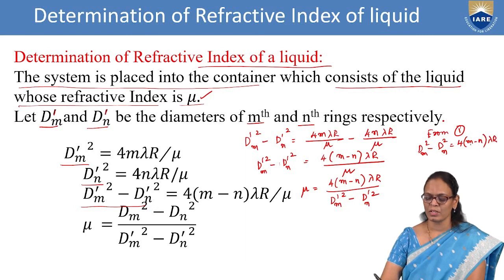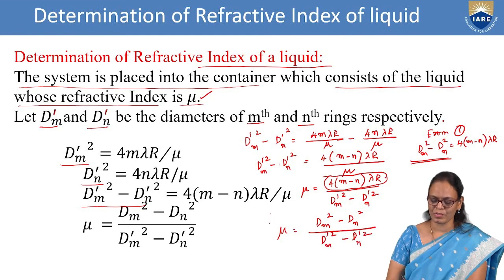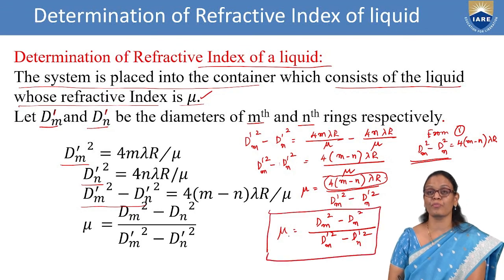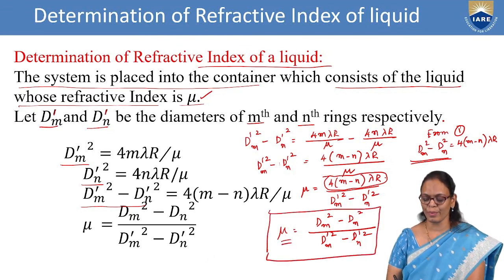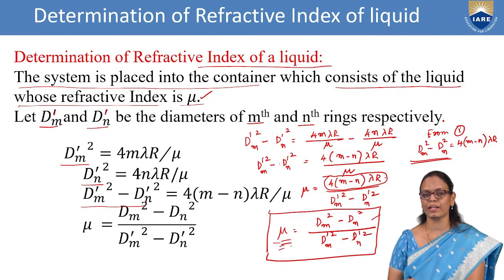So, we are going to substitute dm square minus dn square for 4 into (m minus n) into lambda r. So, mu will be equal to (dm square minus dn square) upon (dm prime square minus dn prime square). So, we can easily calculate the refractive index of a given liquid knowing the diameters of the rings that are formed. First, dm and dn represent in air, dm prime and dn prime represent in the given liquid. So, we can very well calculate the refractive index of the liquid.